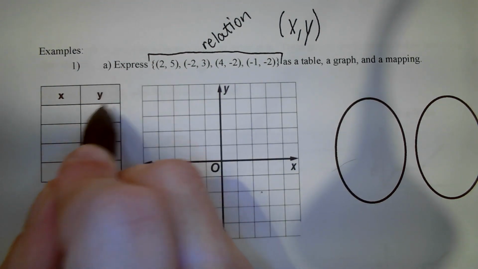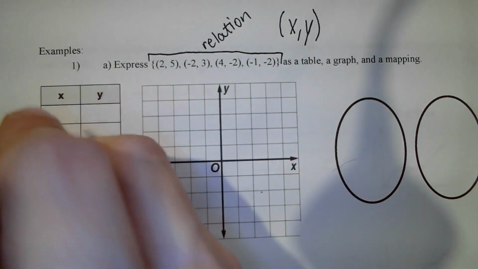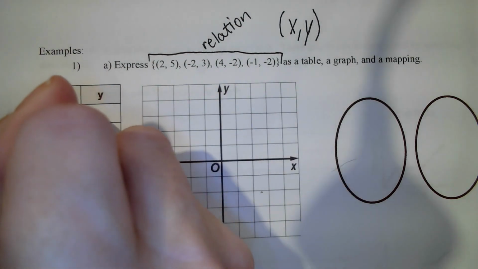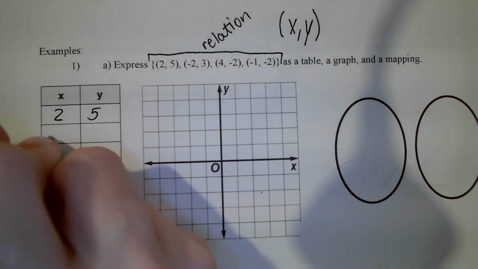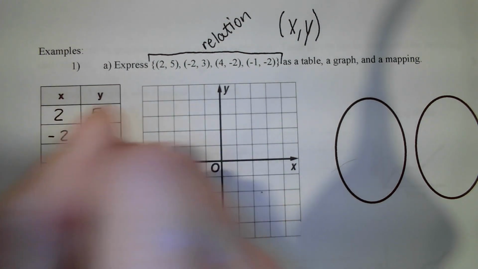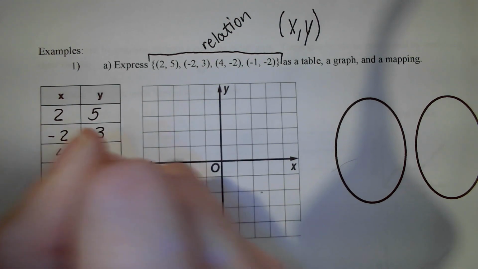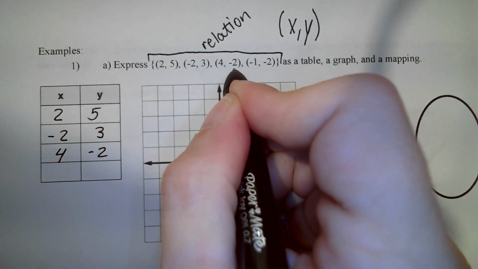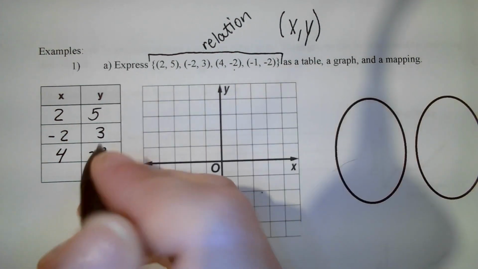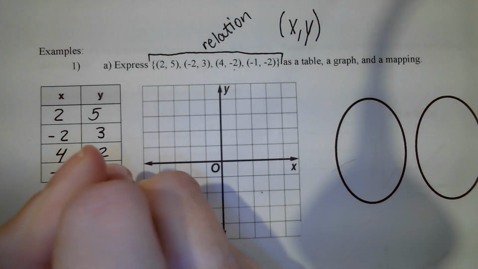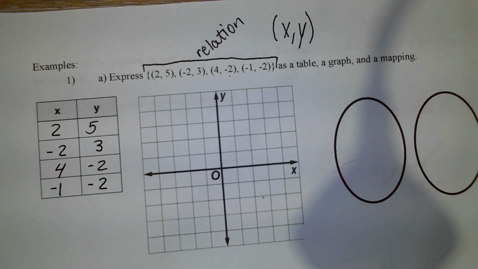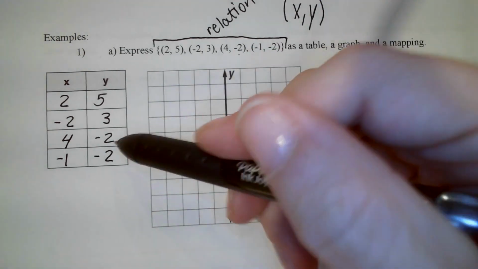And then the y values are the second numbers. So first one is 2, 5. Then -2, 3, 4, -2, and -1, -2. So that's how I put my relation into the form of a table.